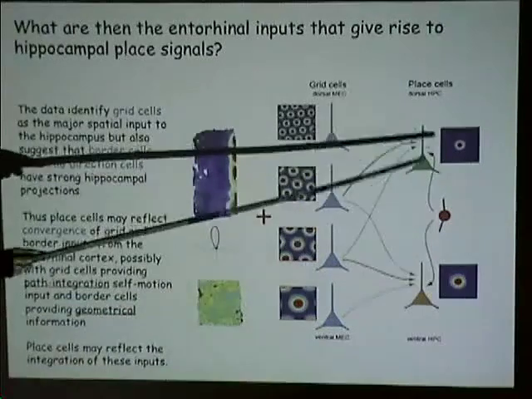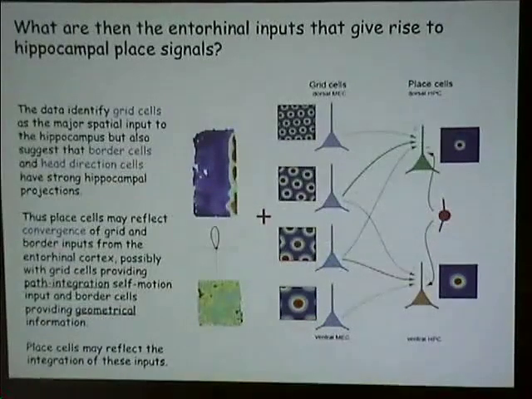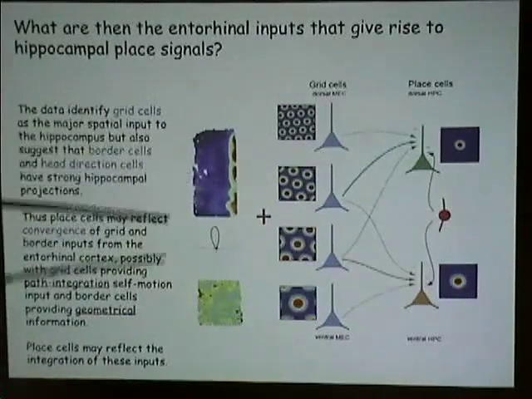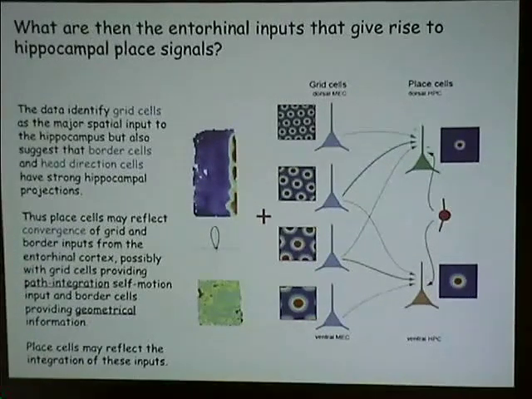So the hippocampus gets a multitude of inputs. Some of these, like the border inputs, are obviously important for defining firing along borders, at least in the hippocampus. And there are certain place cells that fire specifically along borders, like Bob Muller has shown, and I think you showed it too, Neil, or Colin, also in the hippocampus.